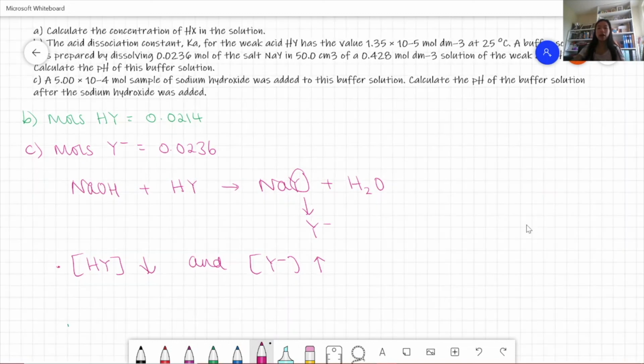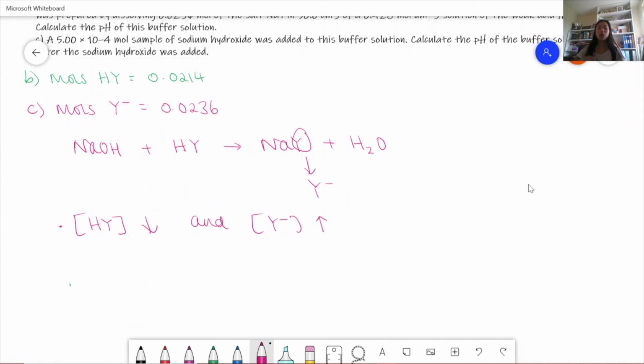And so now we have an idea of what's going on, we can start to put in some numbers. So we have the original moles of HY here, and so we can work out the new moles of HY. So the new moles of HY will be equal to the old moles, so the original, 0.0214, and then we'll have to minus the amount of sodium hydroxide added, because we can see that the concentration of HY will decrease overall.